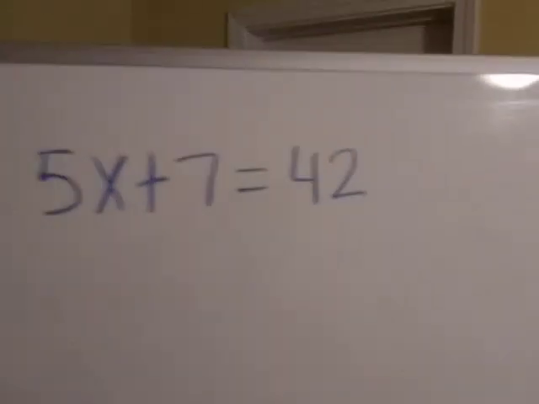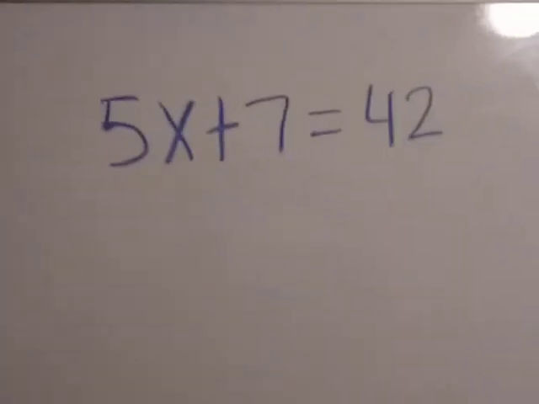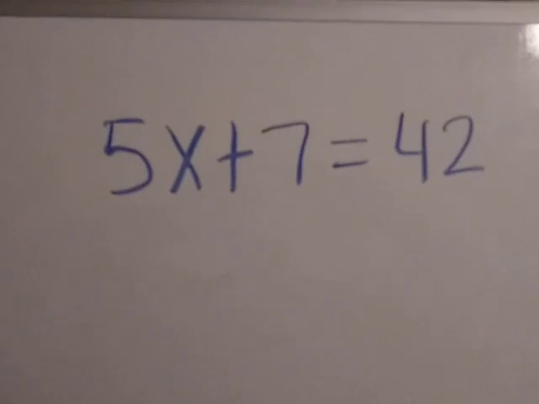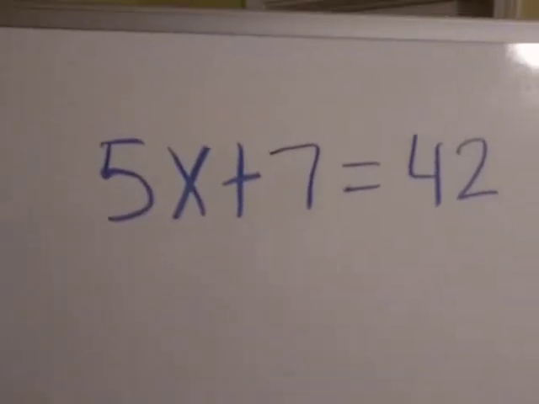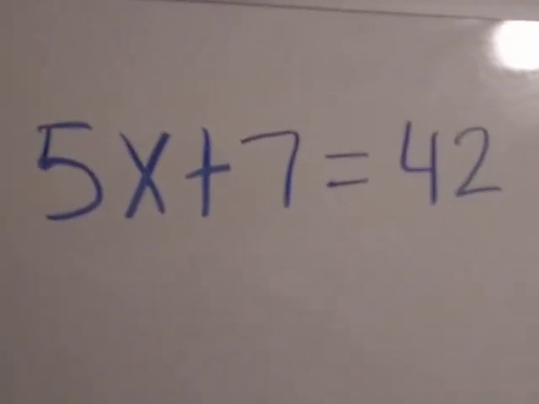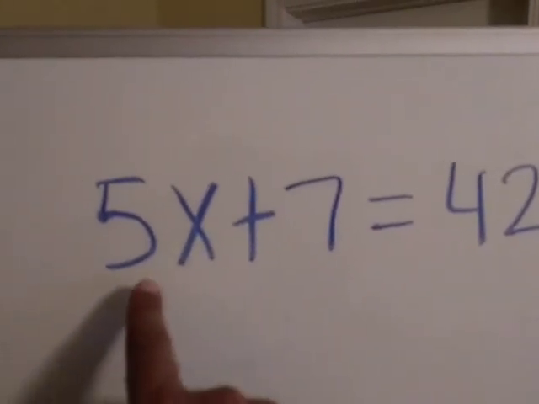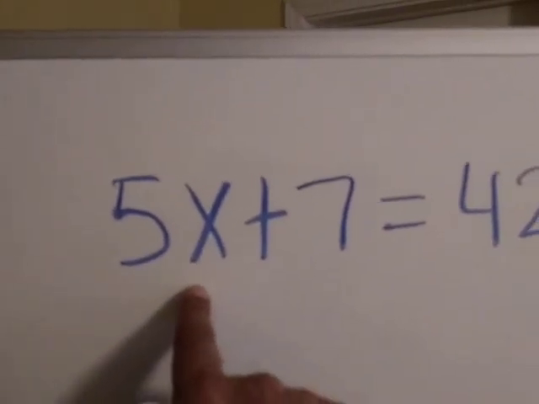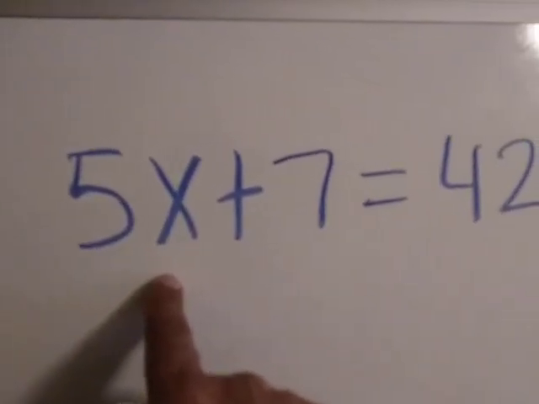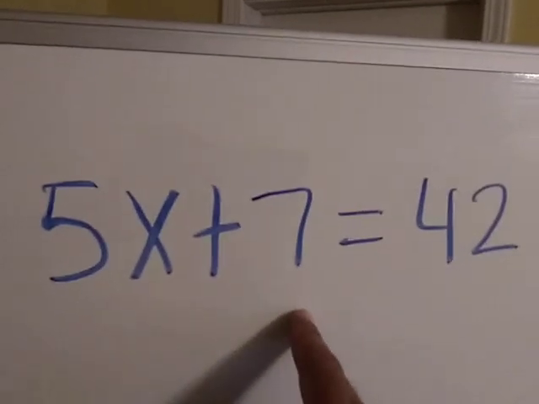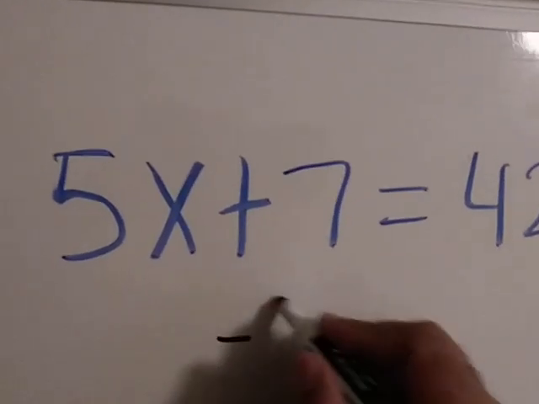The way you would solve this, according to the procedure that I explained a few minutes ago, is that the first number that you're going to move, quote unquote, would be the 7, which is not the coefficient. Remember, the coefficient is the number that's right next to the x, or the variable, in this case x. So the opposite operation of plus 7 would be negative 7.